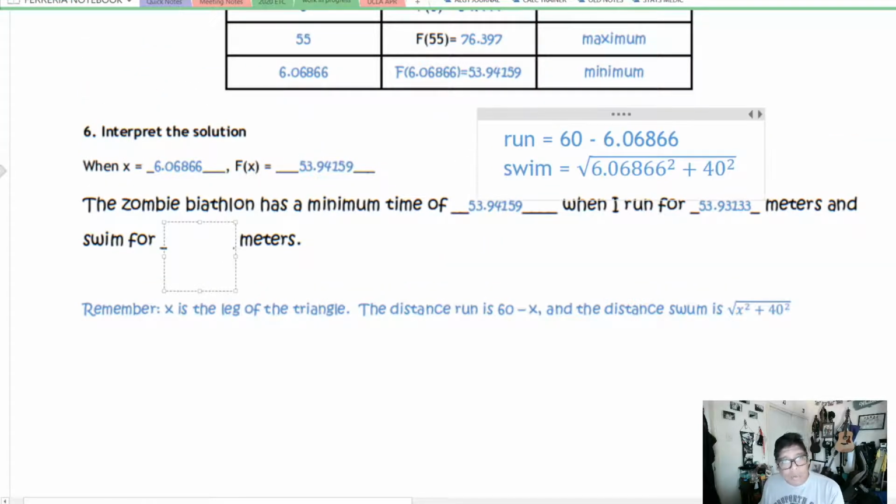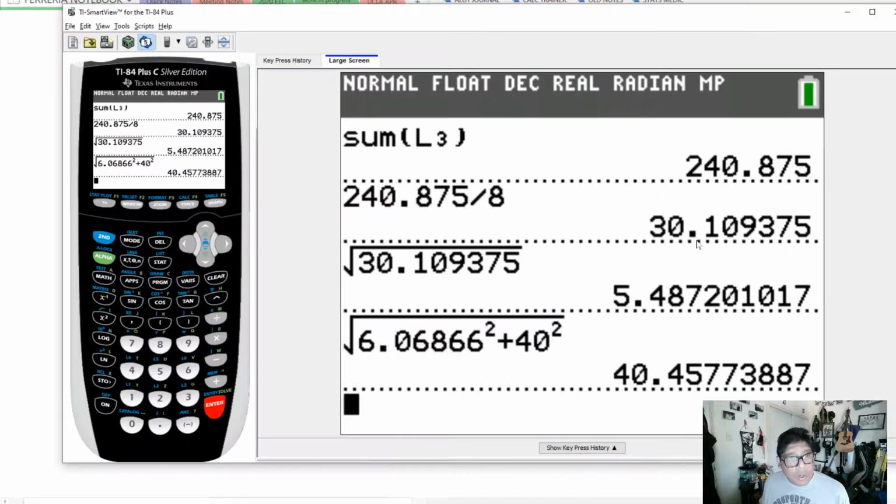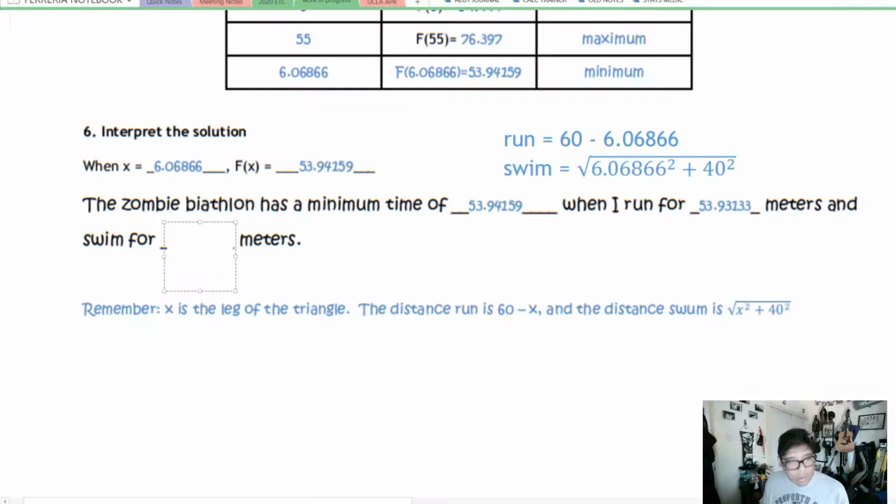If the amount that we swim is going to be the square root of 6.068 squared plus 40 squared, grabbing my calculator, that gives me the number 40.4577. So right over here, that's how far I swim. So that is our zombie biathlon. That's how far it goes.